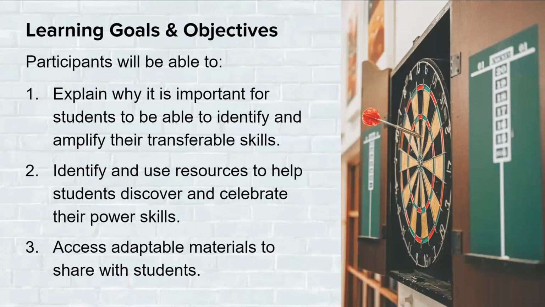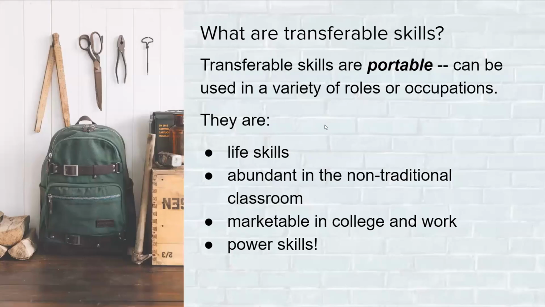We're going to talk about identifying and using resources. You will be amazed at the resources that you are going to get today through Change Agent, and using these resources to help students discover, and then here's my favorite word, celebrate those power skills that they have. And then we're going to give you access to tons of adaptable materials for you to use with your students.